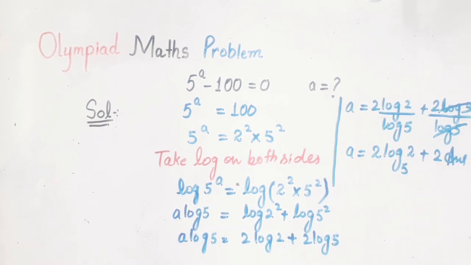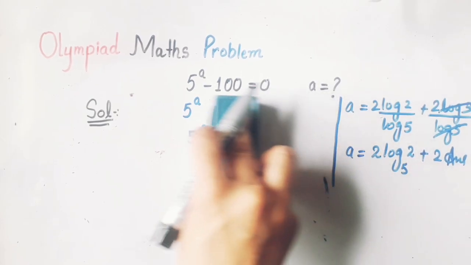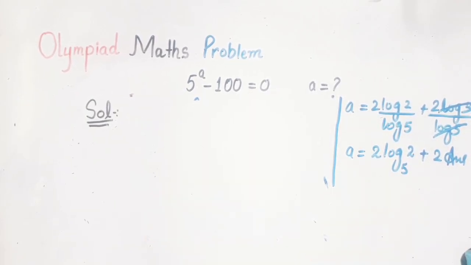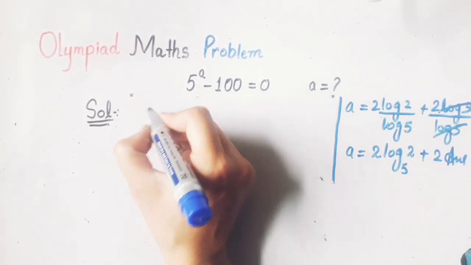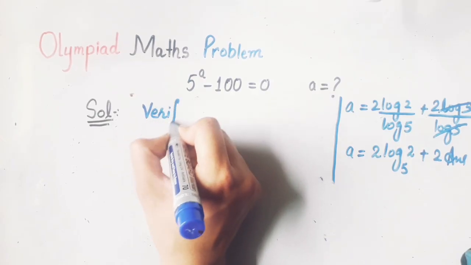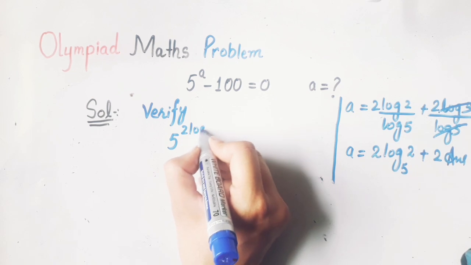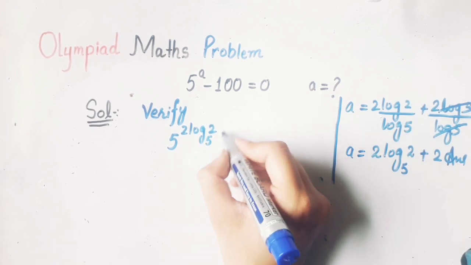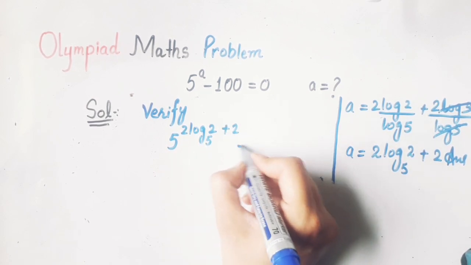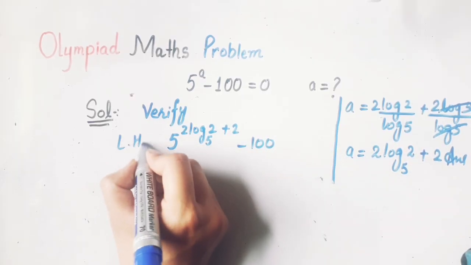So what will be the next step? We will do the verification, whether our answer is correct or not. Now do the verification. So for 5 raised to power a, we have a equals 2 log base 5 of 2 plus 2, minus 100, this is the left hand side.